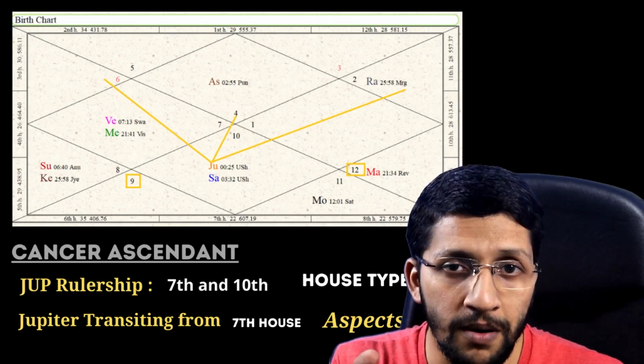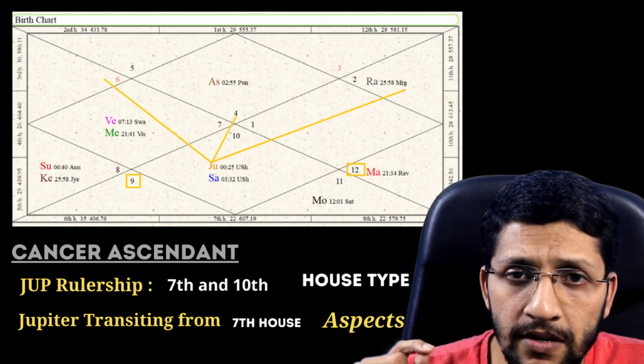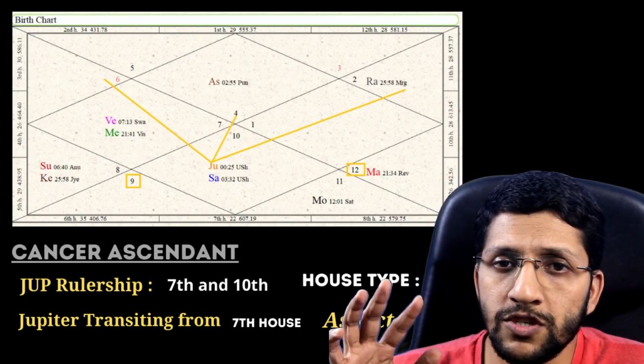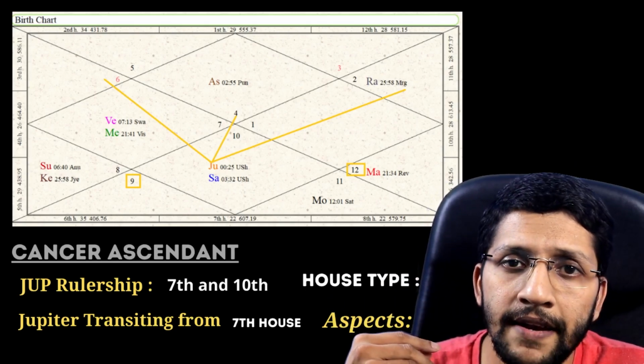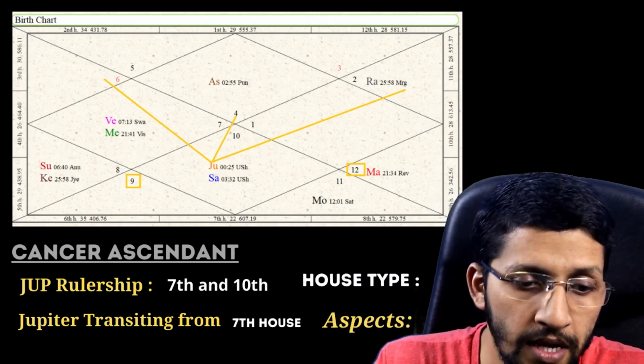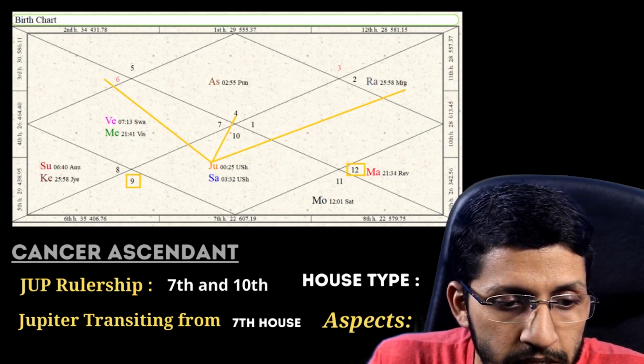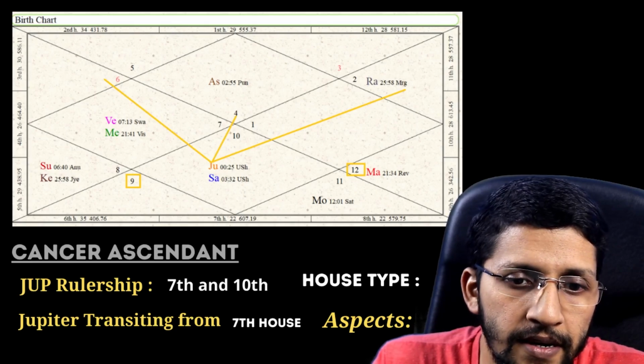Okay, so it will give you a mixed result. It is also aspecting the 3rd house of the horoscope, which is all about the younger siblings, media and communication. Okay, so next we are going to talk about is Leo Ascendant.